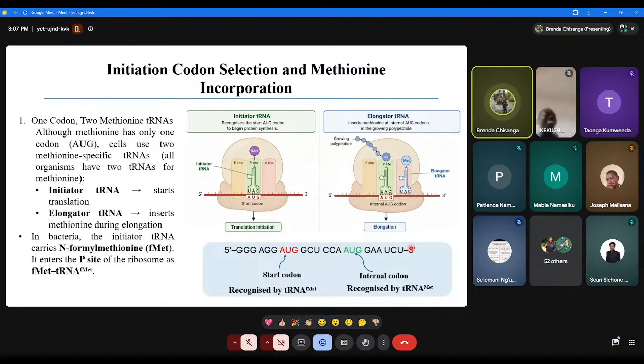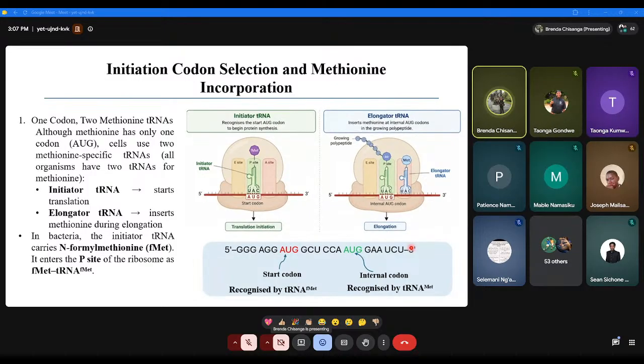So this is just something that you need to understand before we start the process of translation initiation. To understand also that the tRNA at this point is activated. What that means is that we already have the corresponding amino acid attached to the 3' end of the tRNA.